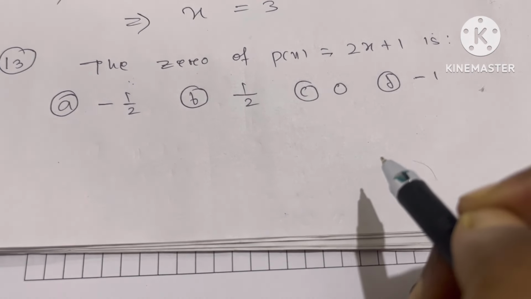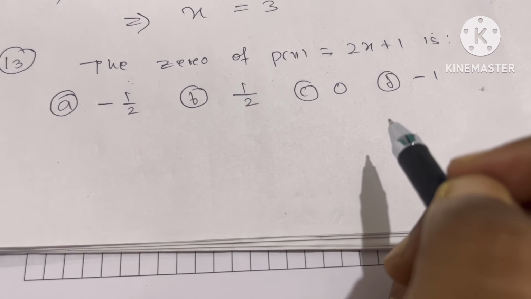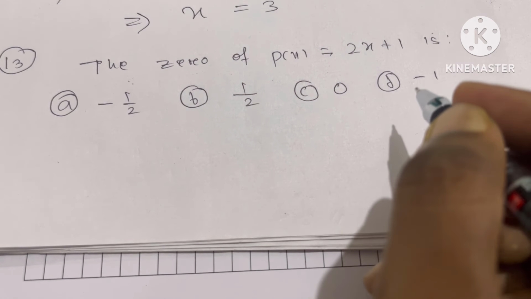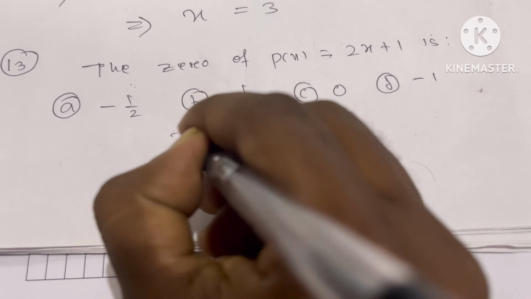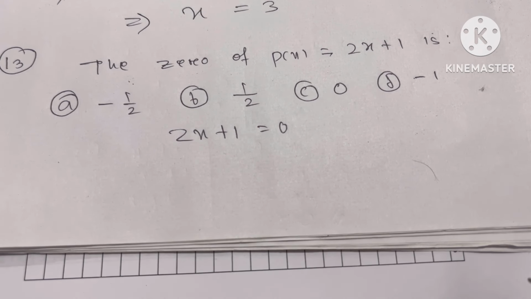The zero of p(x) where p(x) is equal to 2x plus 1. This is the same kind of question as question number 12. How will we find the zero of p(x)? For that we consider p(x) is equal to 0, which means 2x plus 1 is equal to 0.